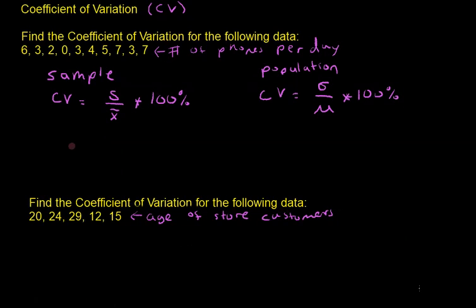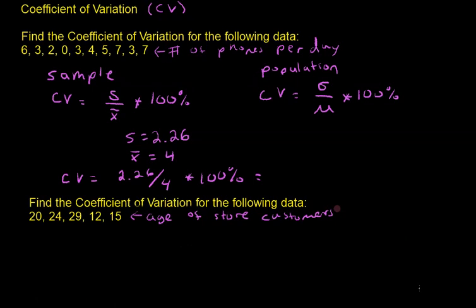In a previous video, we found that for the number of phone calls per day of this random sample of 10 people, S was 2.26, and X bar is 4. So to calculate the coefficient of variation, we'll take 2.26 divided by 4, and then multiply that by 100%.